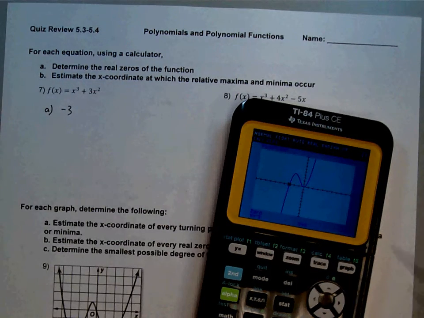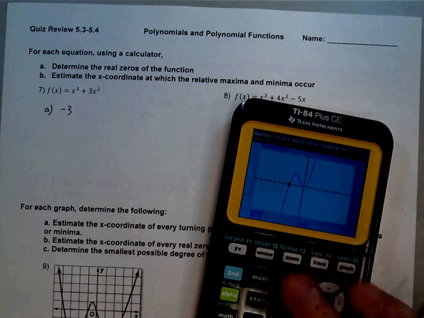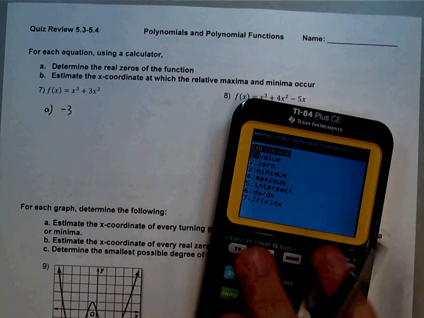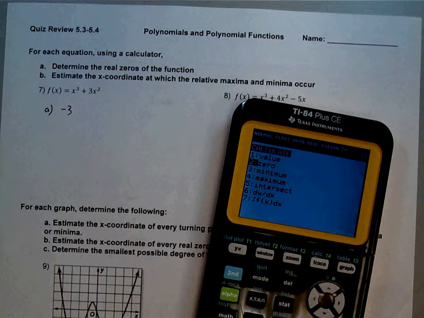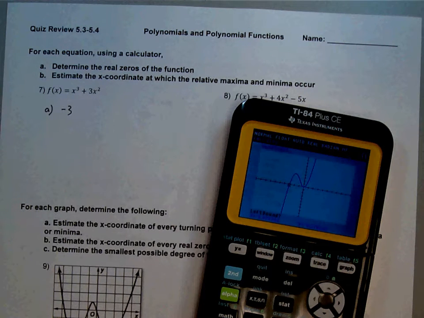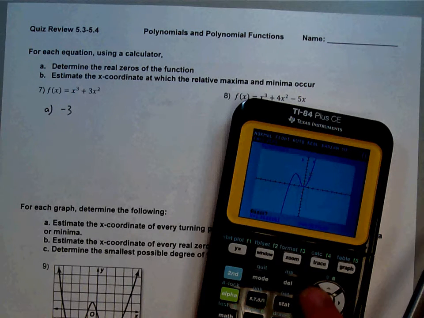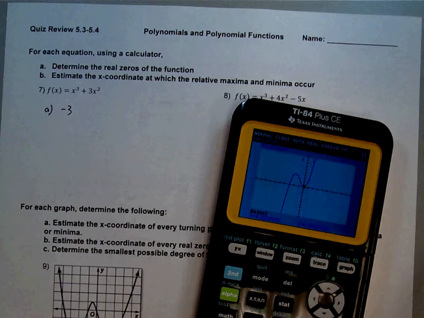And then there's another one over here, so I'm going to check that one also. Second calc 0. Left bound, so get a little closer to it. Somewhere in there is sufficient. Then move to the right of it. Oops. That's good enough. Come back to the middle.